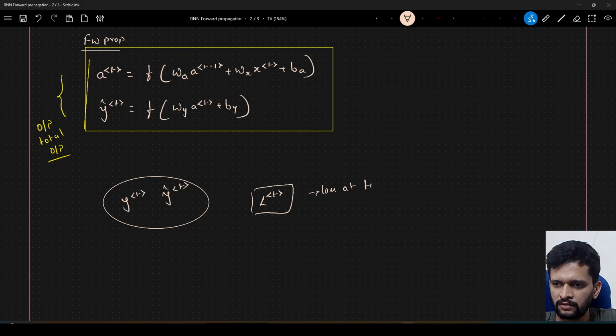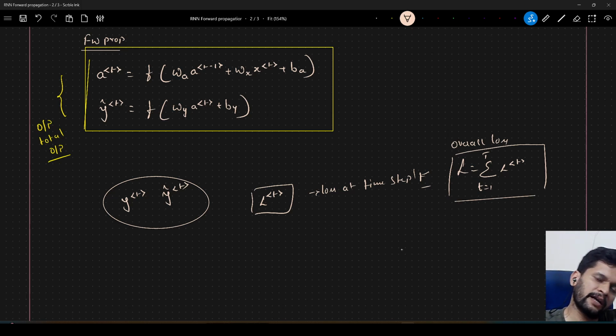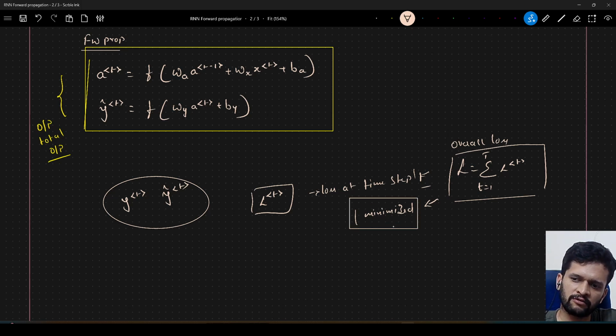Our overall loss, let's represent it as L. It will be the summation over multiple time steps, t equal to 1 to capital T, of L of t. This will be our overall loss function, and our aim should be to minimize this loss, so that our recurrent neural network learns the task that we intend it to learn.